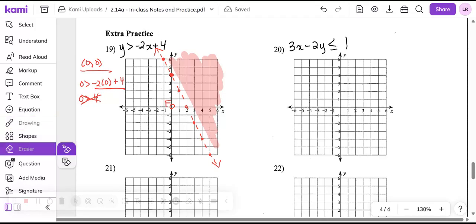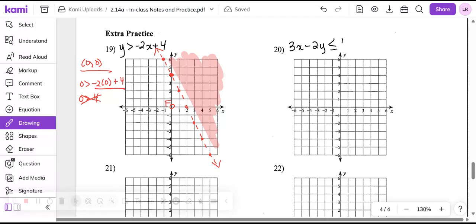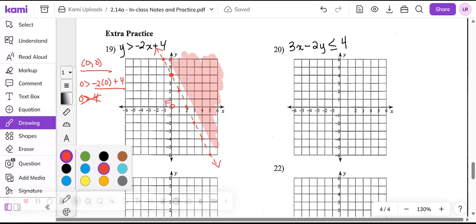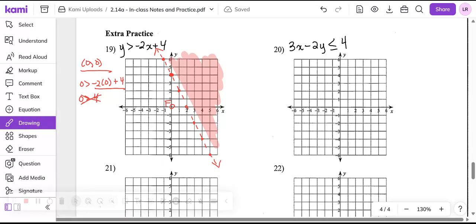No, I don't want to do 1. Sorry, I apologize. Let's go with 4. Okay, so first thing, I'm gonna have to put my dots on the graph, and I'm gonna need slope-intercept form.